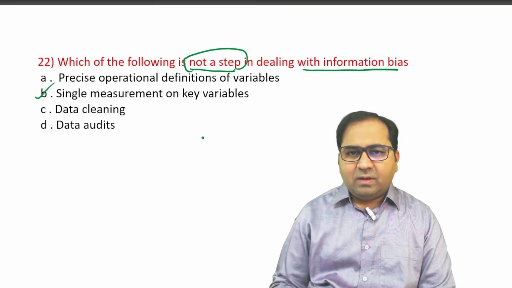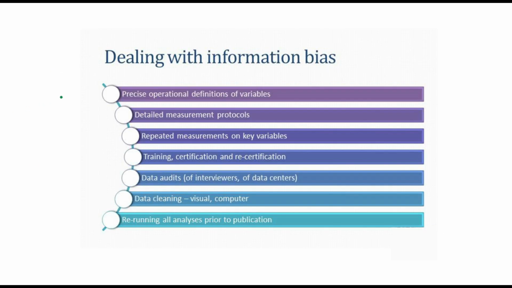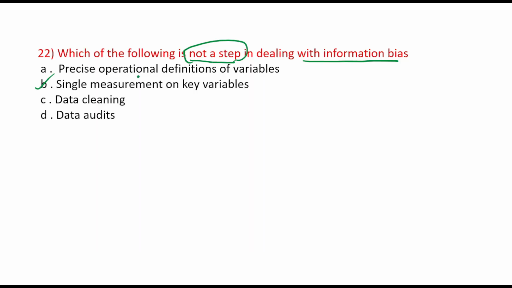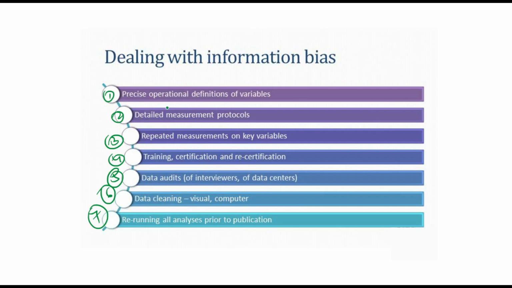How? Now let us once again see all the steps in dealing with information bias. I told you all to keep this chart in your minds. We will number all the steps 1, 2, 3, 4, 5, 6 and 7. Now let us see the options given in our question. Precise operational definitions of variables is given in the option as a step in dealing with the information bias.